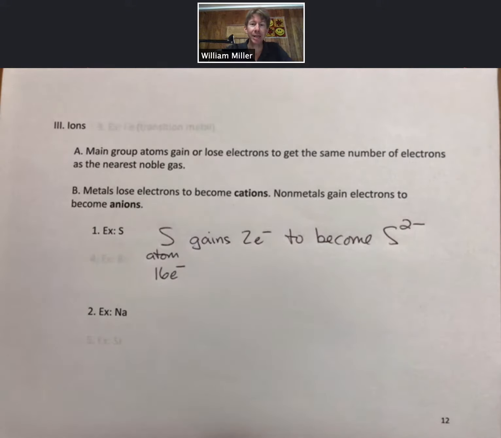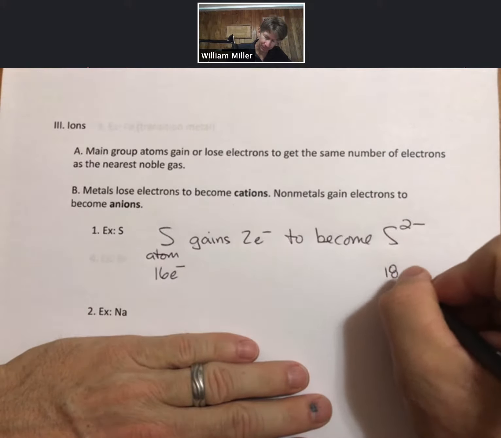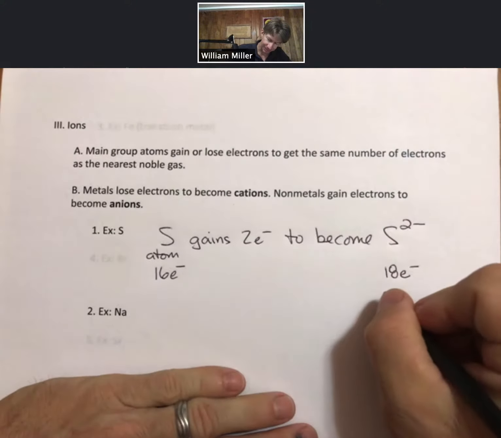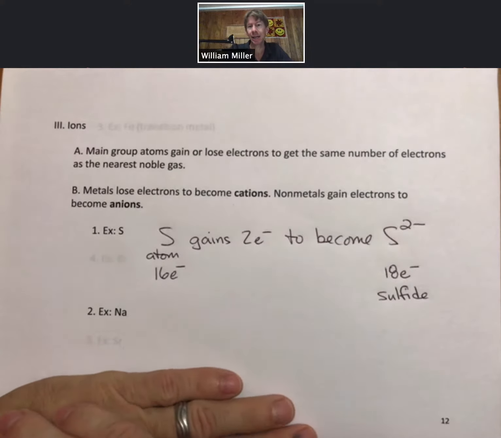And when it gains 2 electrons, it gains a 2 minus charge, electrons being negative, and a sulfur 2 minus has 18 electrons. And 2 minus is the charge on a sulfide ion, and that is the name of that.